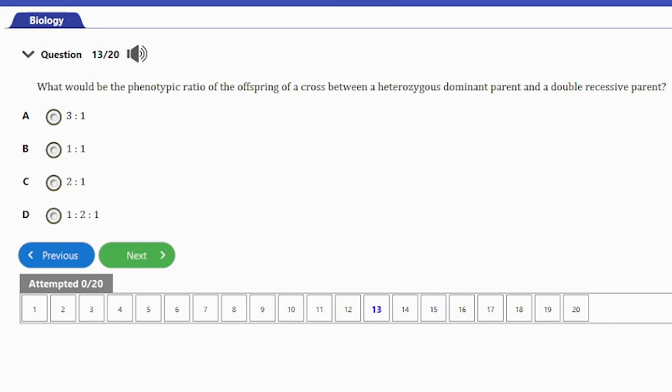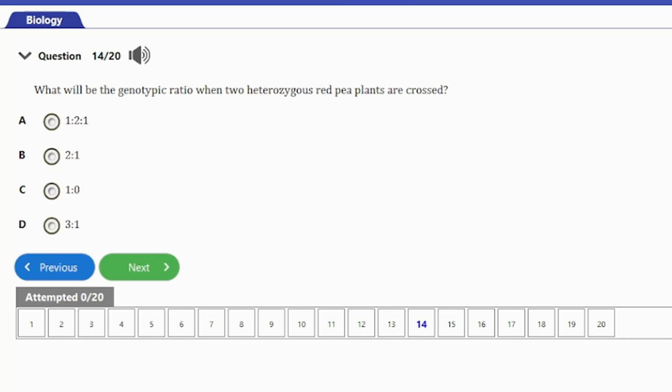Then the next small h linking with the first small h, that's a homozygous recessive. And then the small h linking with the second h again, and that's homozygous recessive. So we'll definitely have the ratio 1:1, and that's it for that question. Let's go ahead and consider the next question.